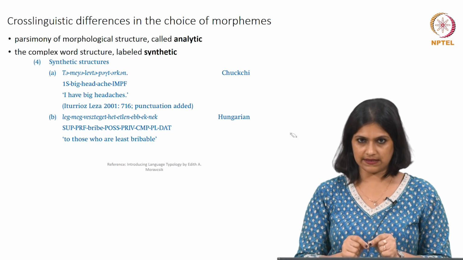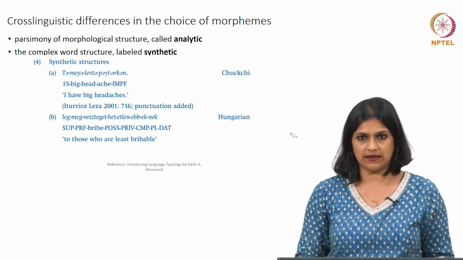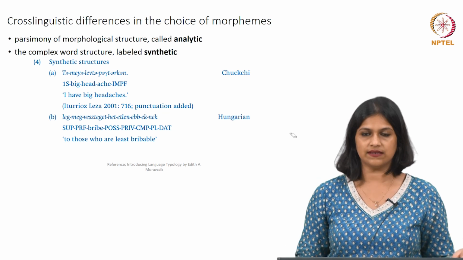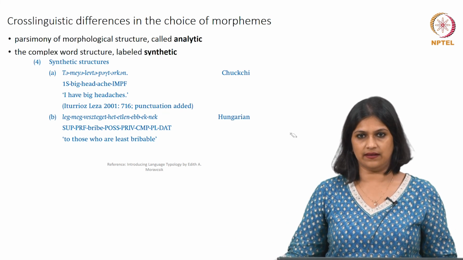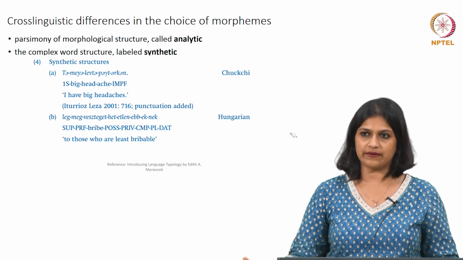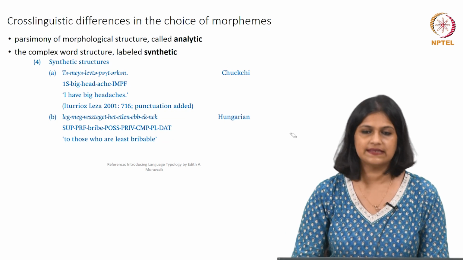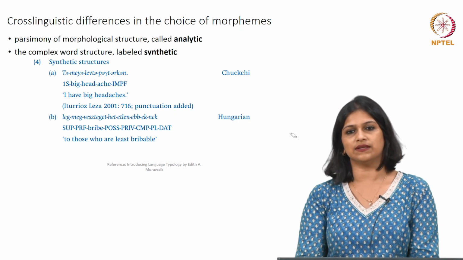So, we may consider it as two types, but these types can also form a spectrum. In certain languages the analyticity is higher, in certain languages the syntheticity is higher. However, there are also languages which are purely analytic and languages which are purely synthetic. So, this is one type of morphological typology you need to understand.